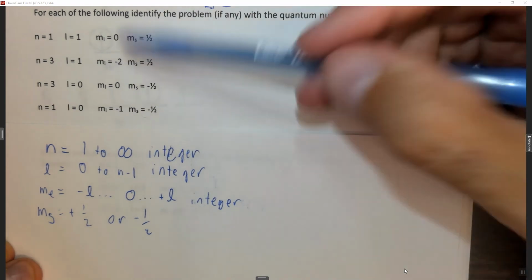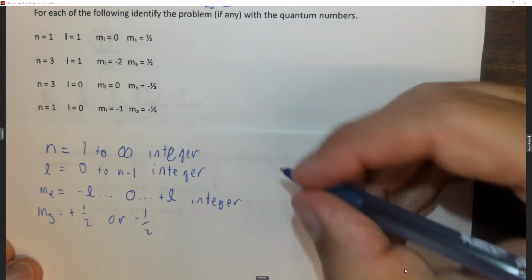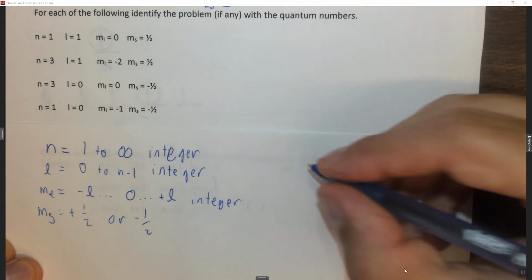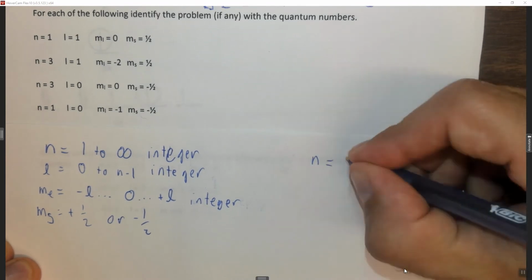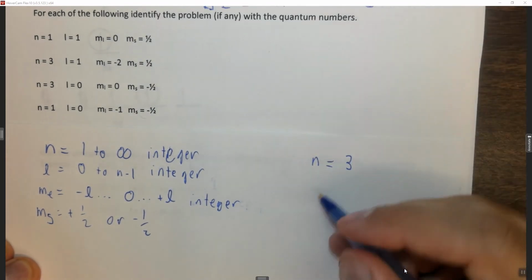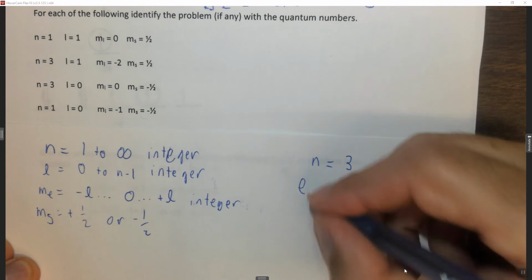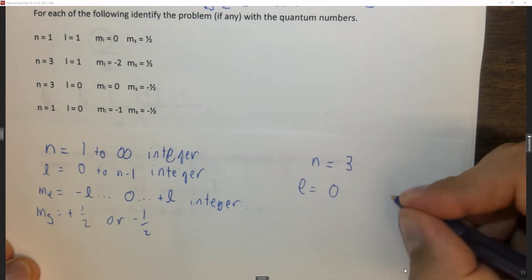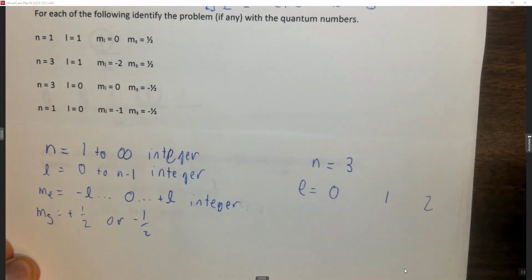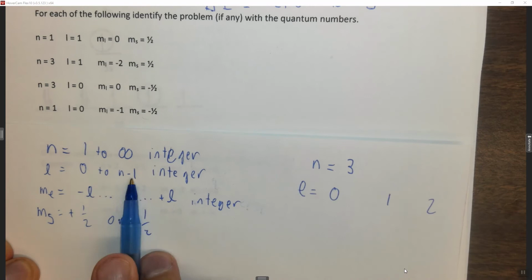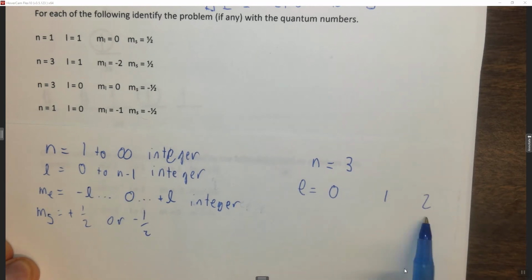So before we get into these, let's just take an example. Let's say that n equals 3. If n equals 3, the possible values of L are 0, 1, and 2, that is, 0 to n minus 1, because 3 minus 1 is 2.